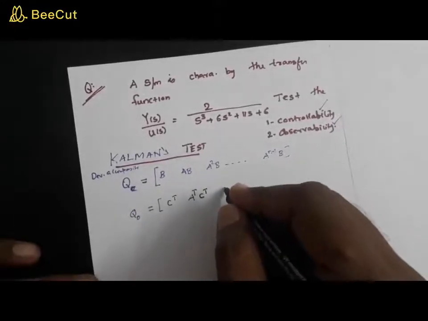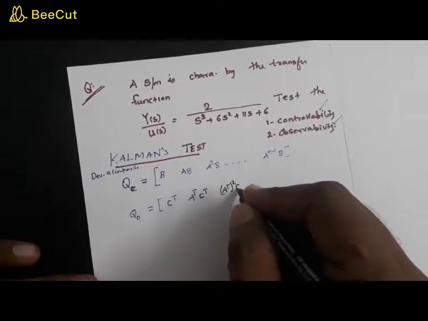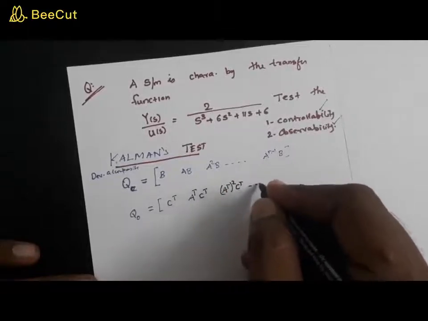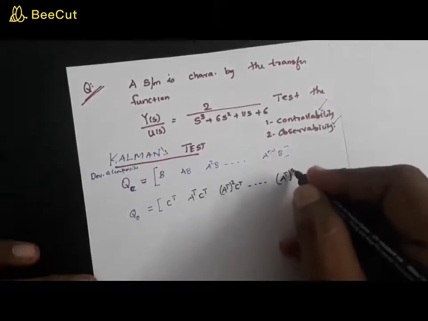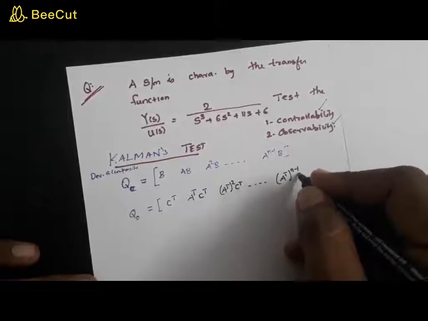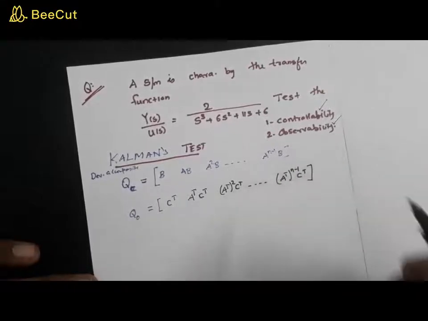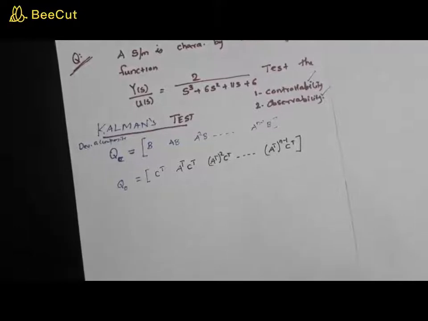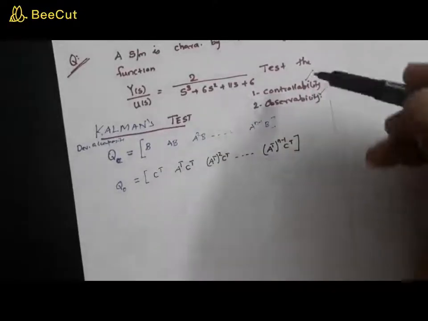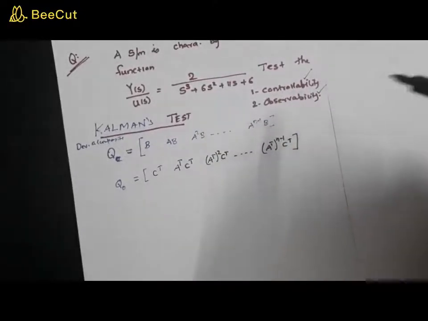Then the next element will be A transpose the whole square into C transpose, and so on, up to A transpose the whole raised to n minus 1 C transpose. So these are the two matrices used for the Kalman's test for controllability and observability.